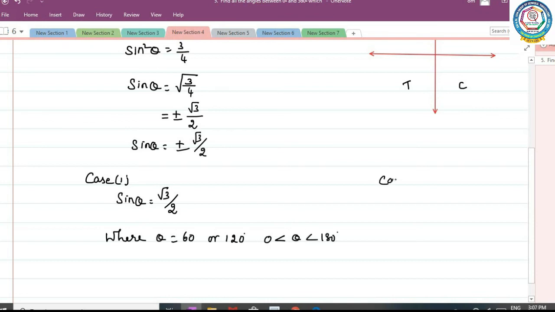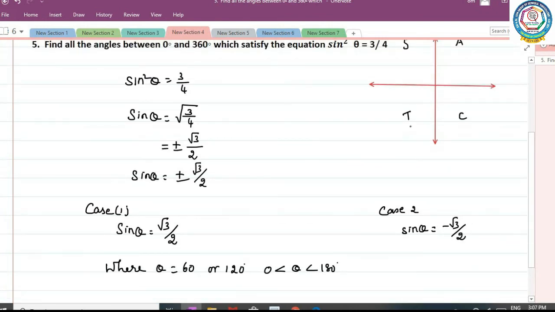Then what is case 2? Case 2, if sin theta equal to minus root 3 by 2. So here minus is there. So it lies only in the third and fourth quadrants, because in the third quadrant tan and its reciprocal are positive, and in the fourth quadrant cos and its reciprocal are positive. So sin theta negative lies in the third or fourth quadrant.